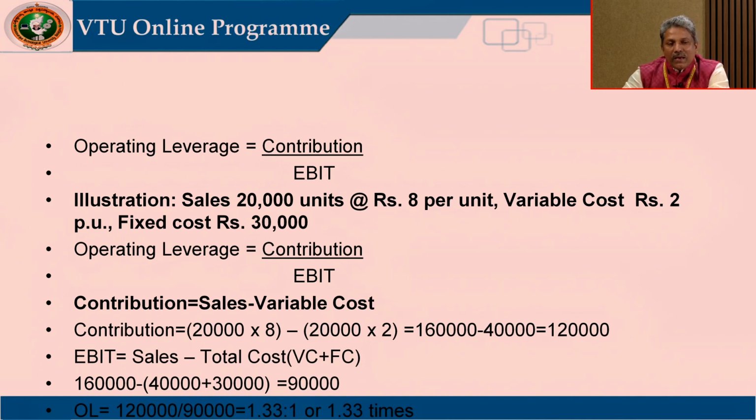In other words, high operating leverage means fixed cost will be more, and there are chances of a greater increase in revenue or profit. That is what we have learned.